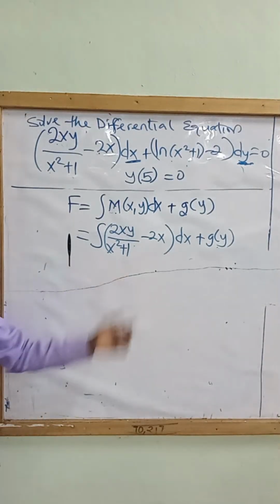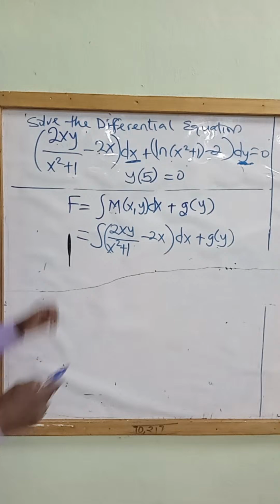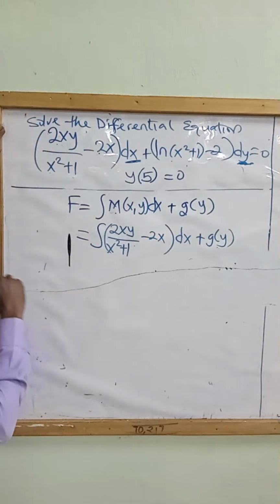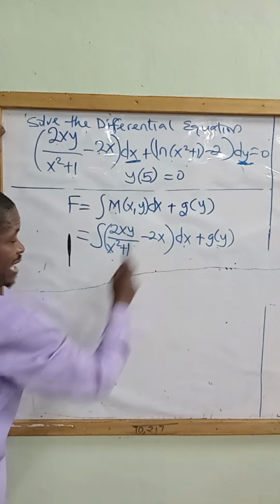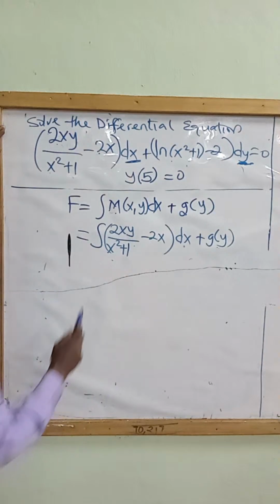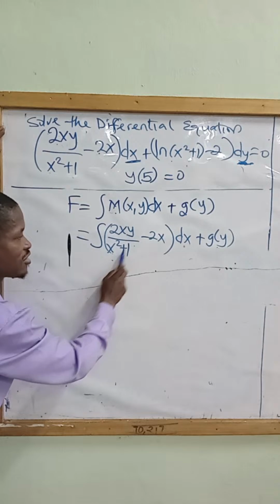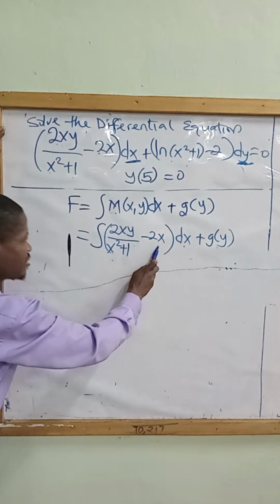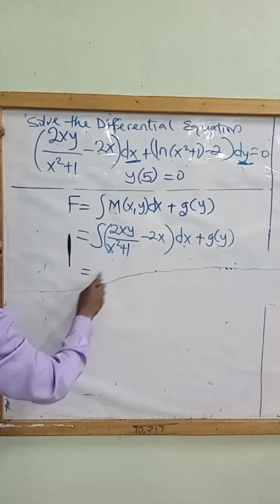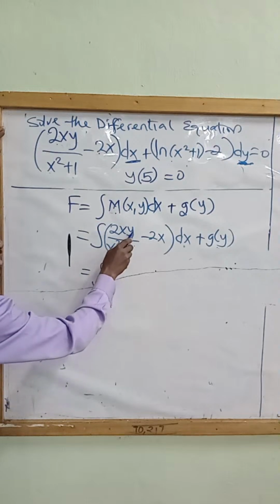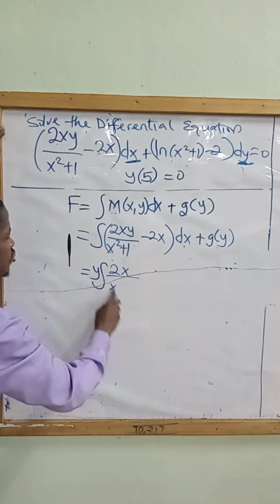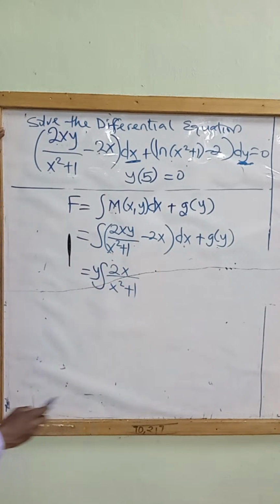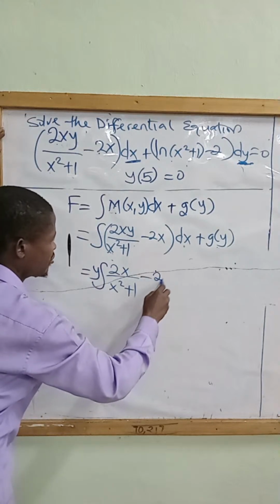So that's what we have there. Then let's now look at this. We want to integrate with respect to x. We have the integral of a difference of functions, which will be equal to the integral of this. y is a constant, you can take it outside, and that will be 2x over x squared plus 1, and then minus 2x.